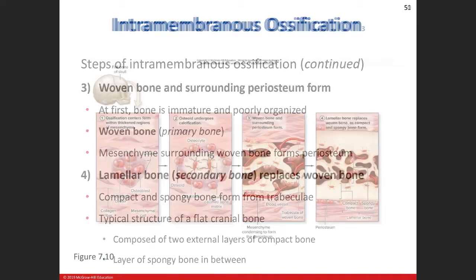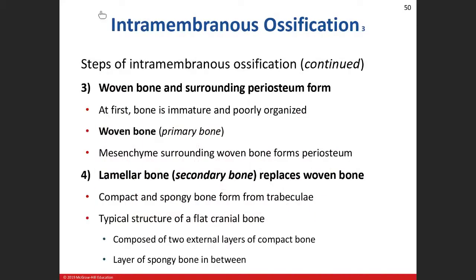Last part, step 4. As we start to get these spaces in there, the cells that are still active are now going to convert that primary or woven bone, which is poorly organized, into our lamellar bone. This is way more organized, has a little more structure to it.